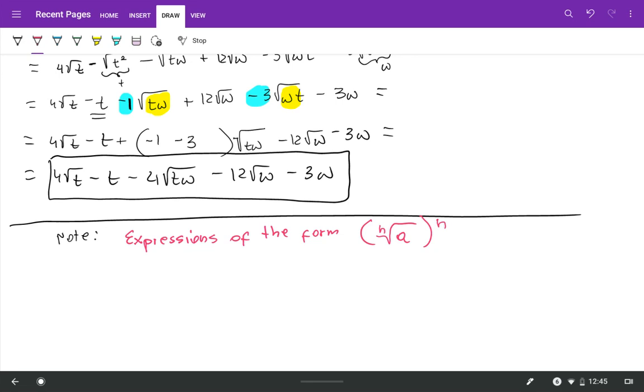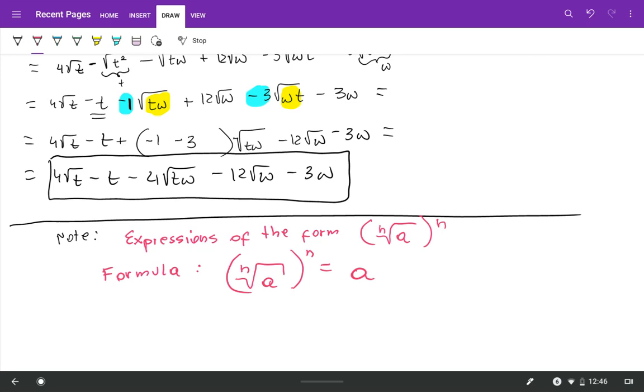Let's talk about those expressions because this is the formula. We're not going to prove it, but the radical of index n of a, and if everything is raised to the power of n, it is just equal to a. If the exponent and the index match, that will be just equal to a.